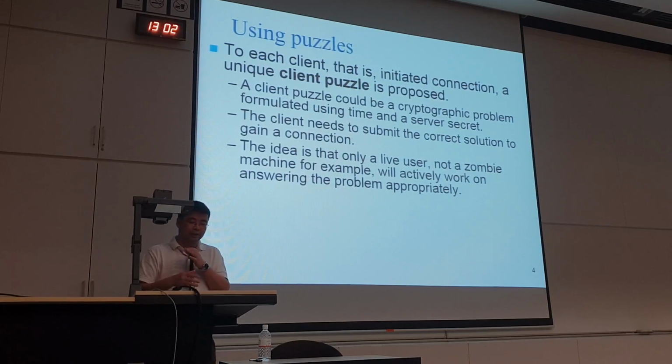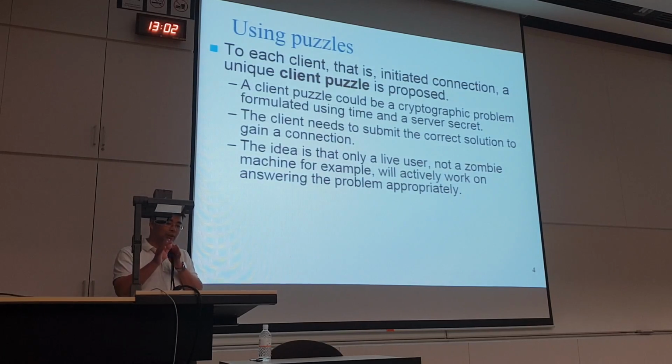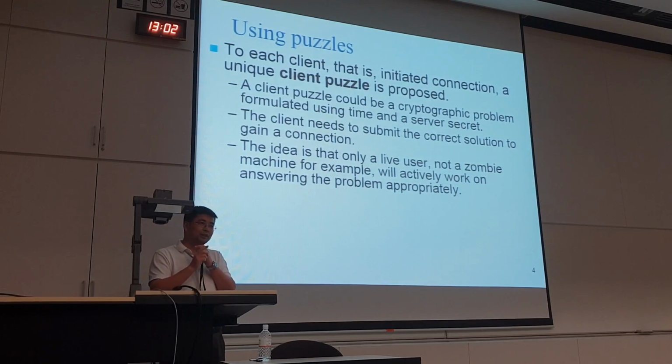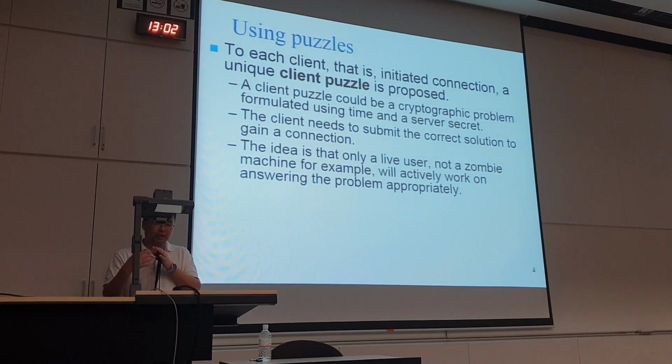But what happens if, say, we have a k-bit input and I give you k minus 1 bits? I only hide the first bit. Then you just try the two possibilities of the first bit. That means you need to try at most twice to find the solution, right? To make the puzzle a little more difficult, maybe I don't hide 1 bit, I hide 2 bits or 3 bits.